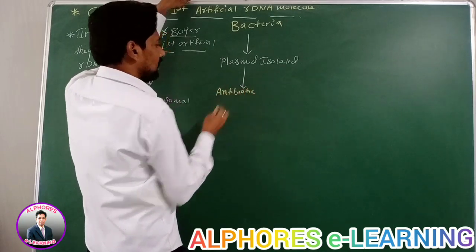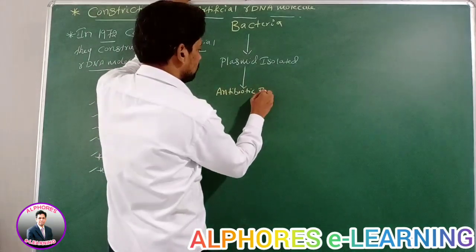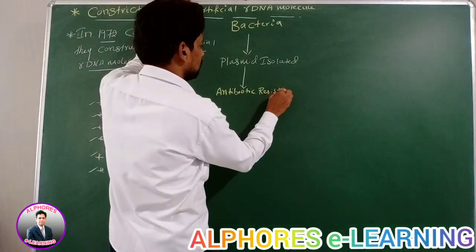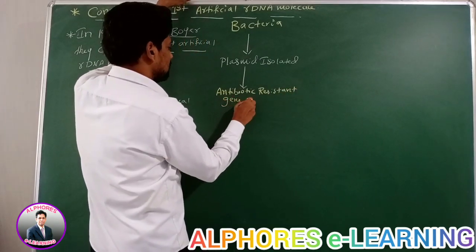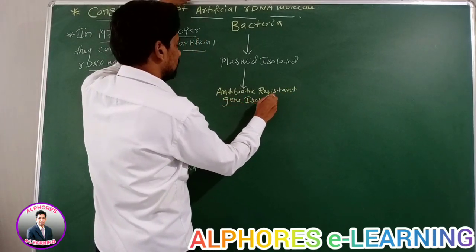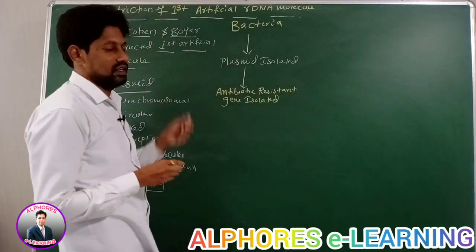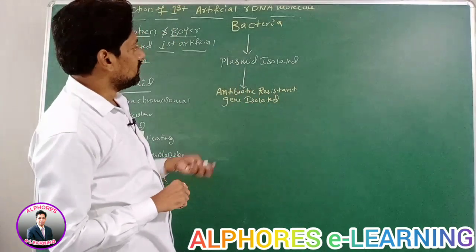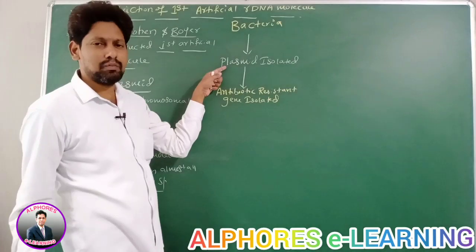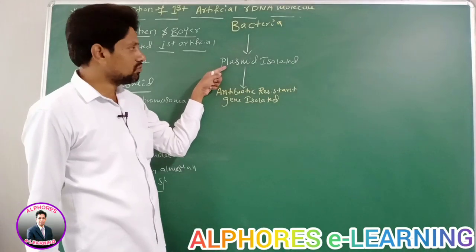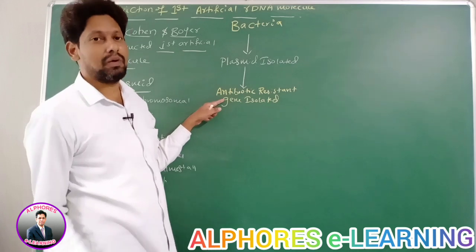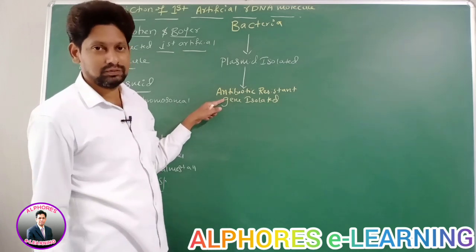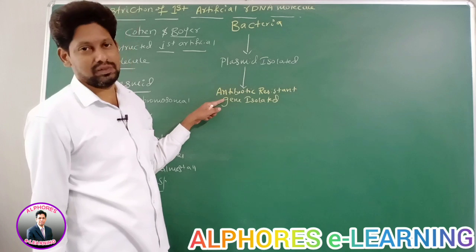Antibiotic resistant gene was isolated. Now see this statement, the plasmid has a number of genes. From these genes, what did they isolate? Antibiotic resistant gene. How, sir? By cutting the plasmid.